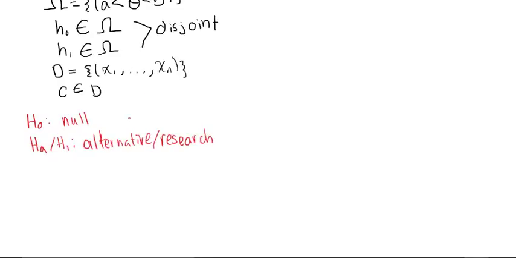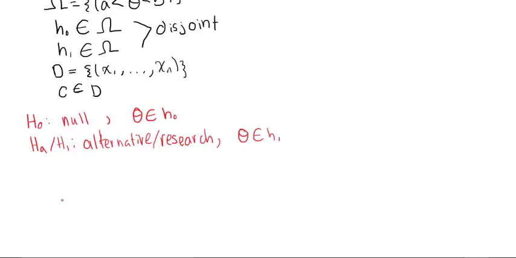For the null hypothesis, we are always saying that theta is a subset of h naught, and for the alternative hypothesis, we are saying that theta is a subset of h1.